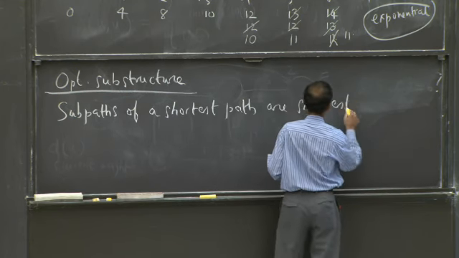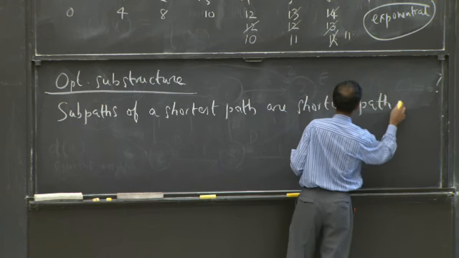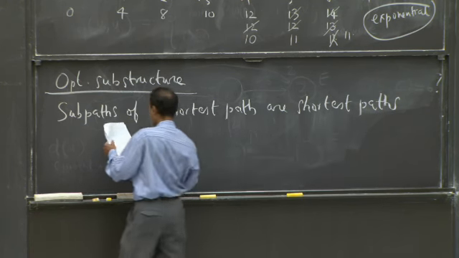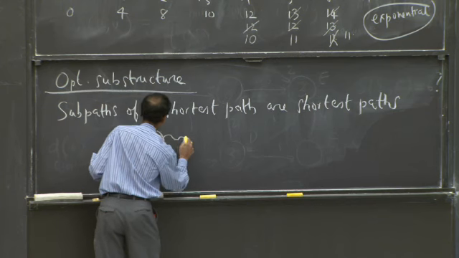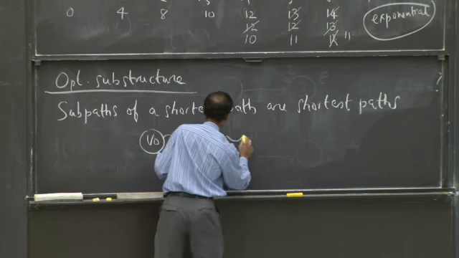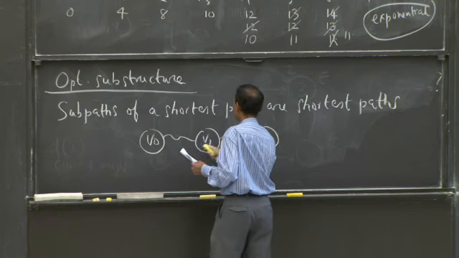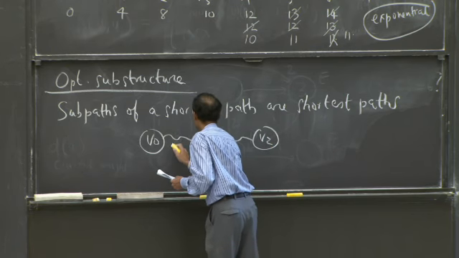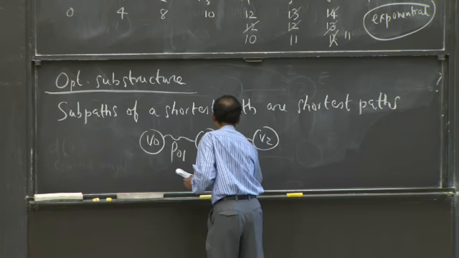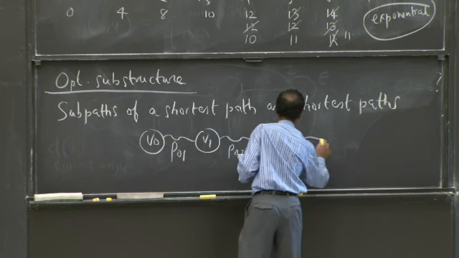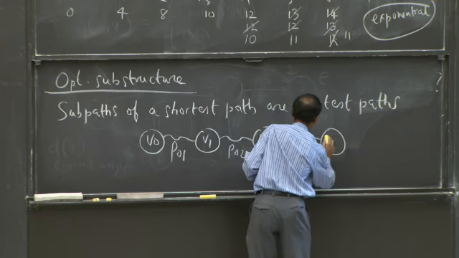Okay? And all that means is, if I had V0, and I went to V1, and I went to V2, and these are paths here, so this could be P01, P02, P03.